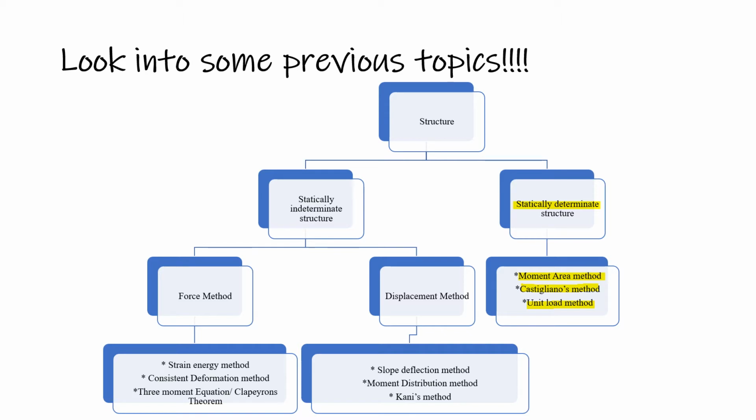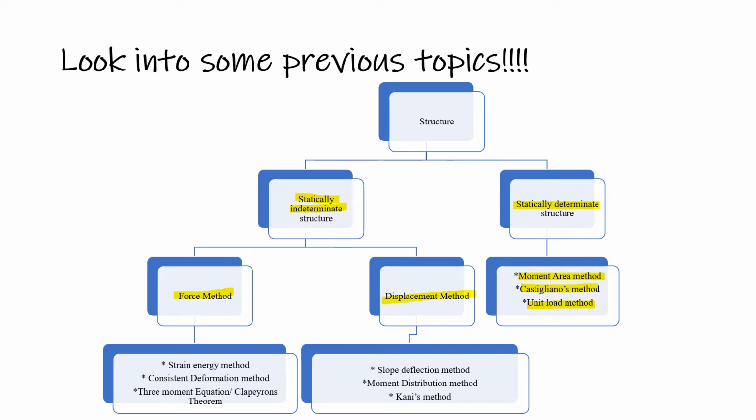Now, let's go to statically indeterminate structures. Any structure whose unknown reactions cannot be computed by using conditions of equilibrium is known as a statically indeterminate structure. Examples of statically indeterminate structures are continuous beam, propped cantilever beam, fixed beam, etc. Statically indeterminate structures can be analyzed by using the force method and the displacement method.